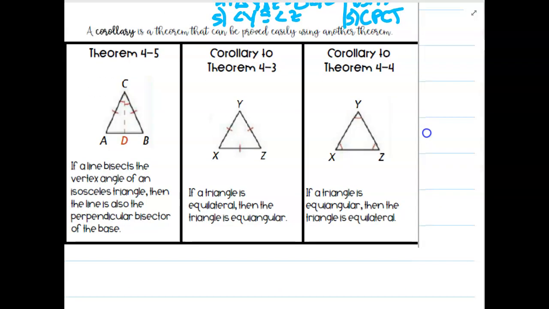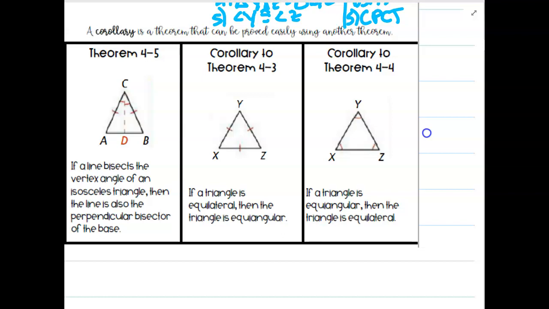The corollary to theorem 4-3 says if you have an equilateral triangle, so if you have three sets of congruent sides, you are also going to have three sets of congruent angles. So it says if you have an equilateral triangle, it's also an equiangular triangle. So lateral refers to the sides, angular refers to the angles.